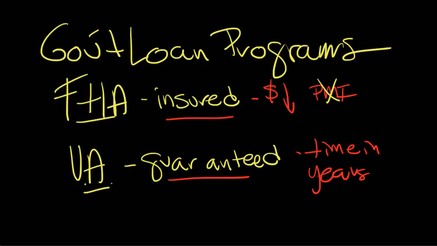Both of these tend to be great loan programs. They're fairly lenient in their qualifications. They're really good deals. If you qualify for the VA loan, it's a great deal. Take it if you at all can. It's a really good thing for the veteran.